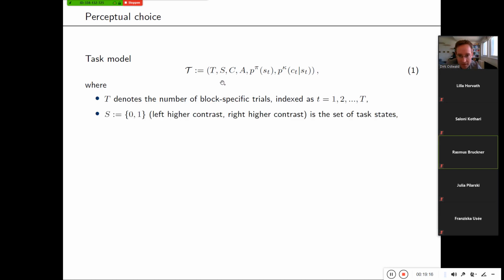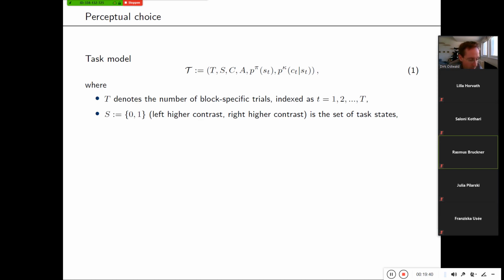Then as a state, we take what is true in the world, namely what we as experimenters know, namely that on each trial, the contrast is either higher on the left or the right. So that's the true state of the world.